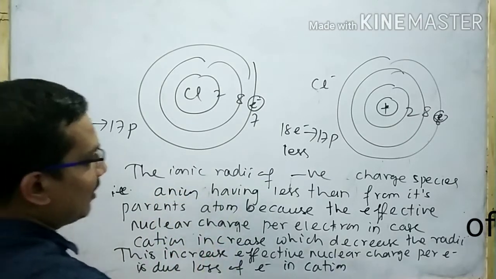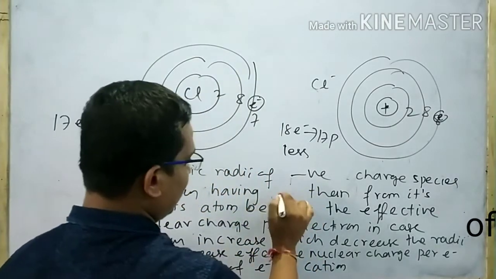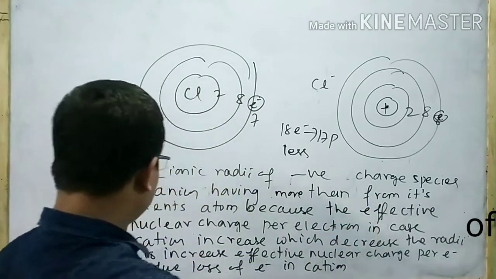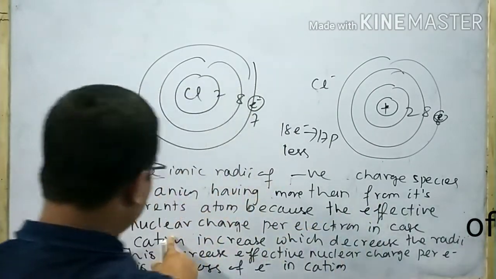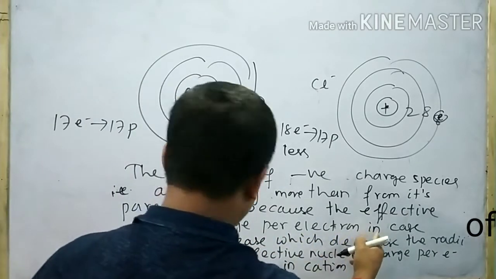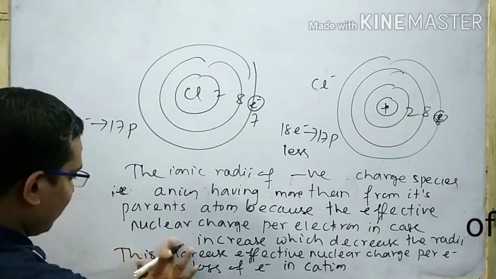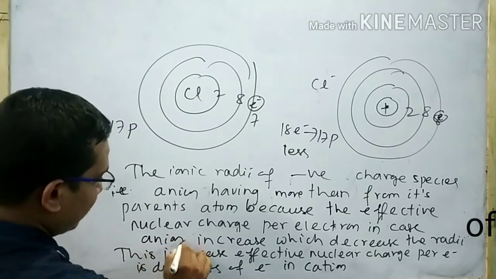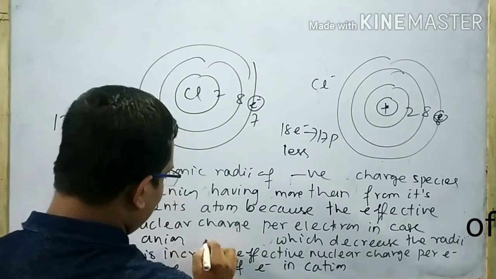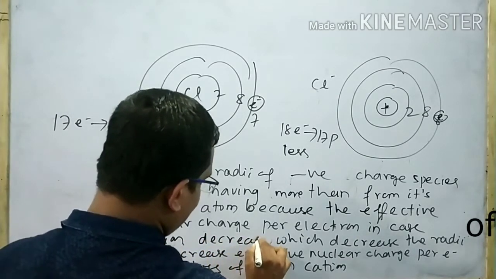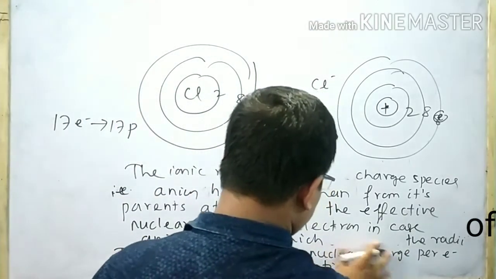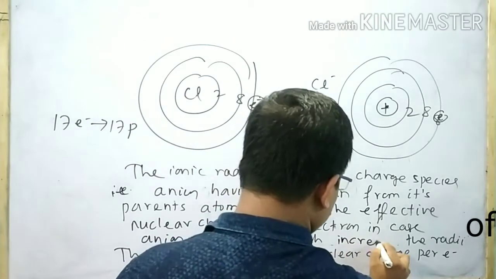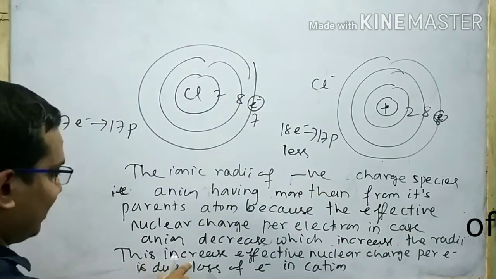negative charge species, that is the anion, is more than that of its parent atom, because the effective nuclear charge for an electron in the case of an anion decreases, which increases the radii.